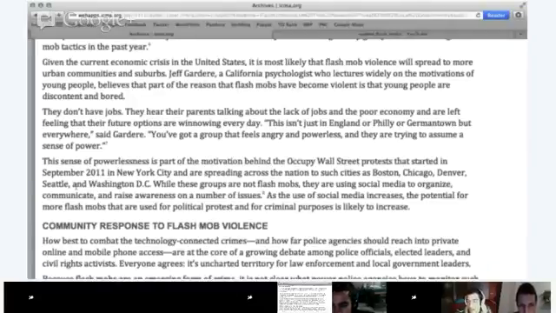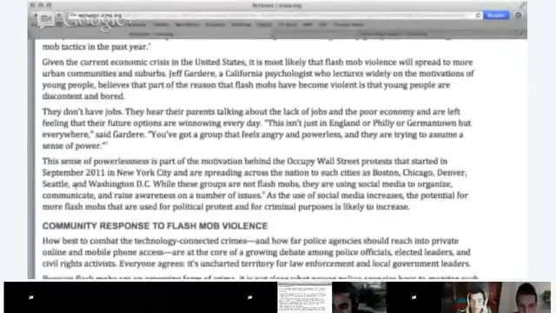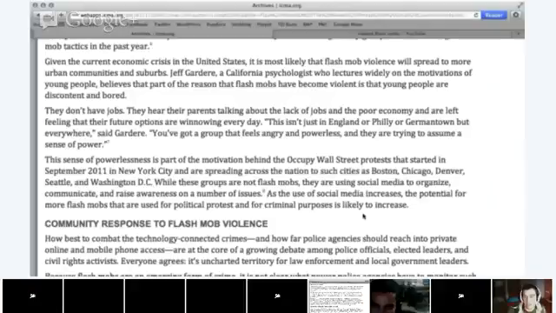As the use of social media increases, the potential for more flash mobs that are used for political protests and for criminal purposes is likely to increase. Good job.